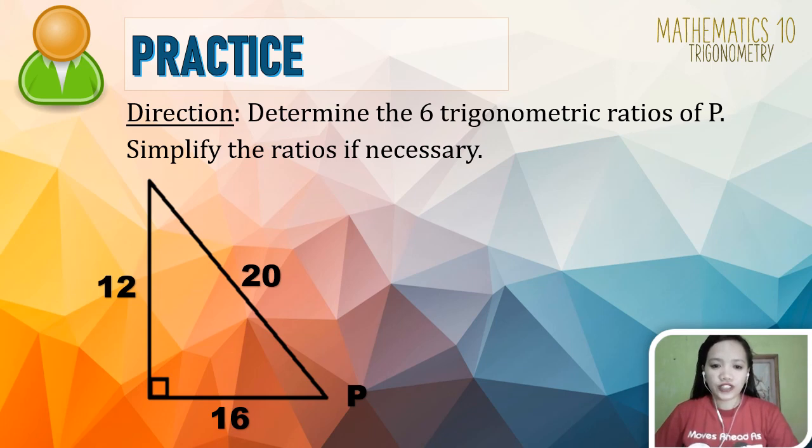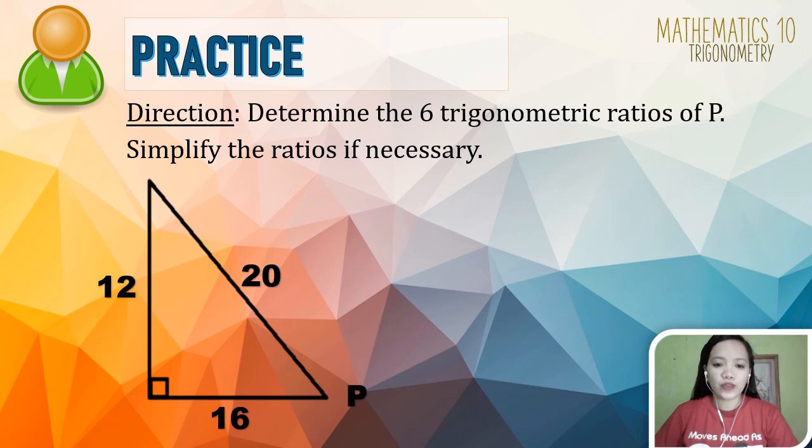In our first illustration, I told you last time, before you proceed with getting the 6 trigonometric ratios, you need to check first the illustration and check the details on the measure of each side of the given triangle. And I told you it must be complete.